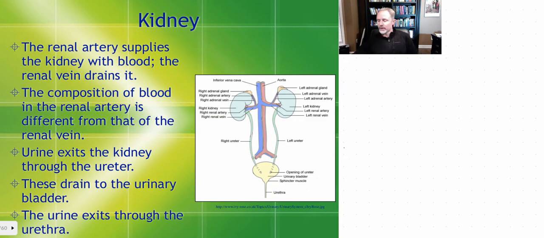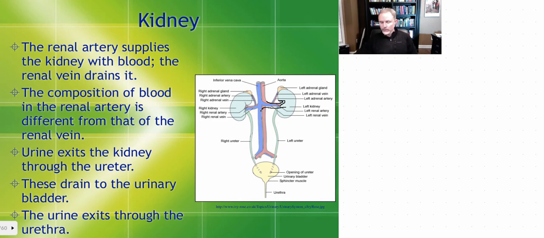So what you have here is a renal artery that would be supplying the kidney in this direction, and then you've got the renal vein that's going to enter back into the venous blood flow. And basically the composition of what's going in is different than the composition of what's going out if we consider what the job of the kidney is, and that's to filter out the blood.